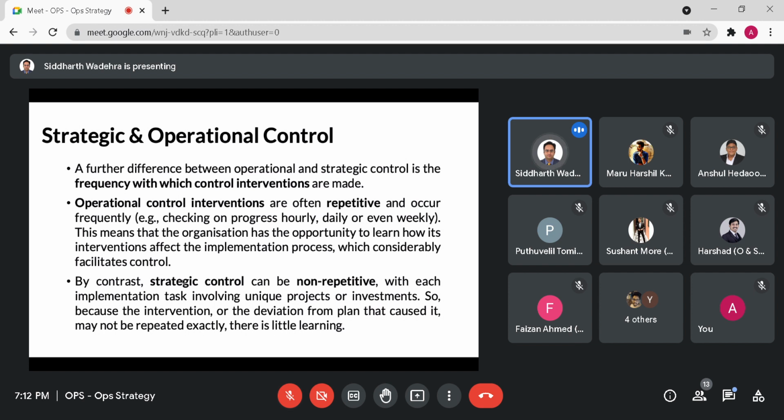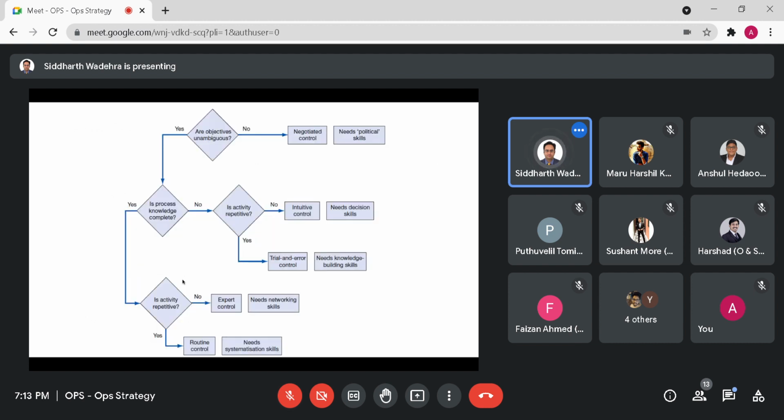You're looking at some of the investments in operations that might be yielding results, or some that might not be yielding that kind of results, and then you would be making those strategic changes to be able to take those corrective actions.